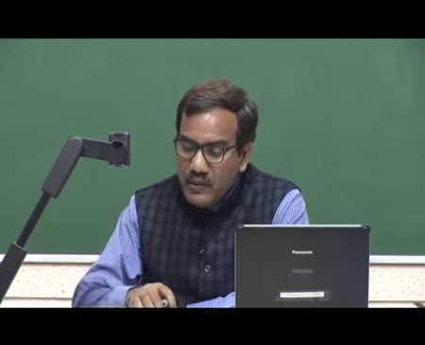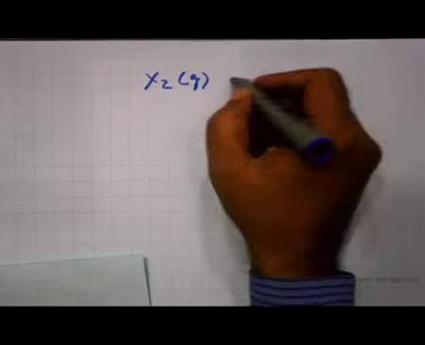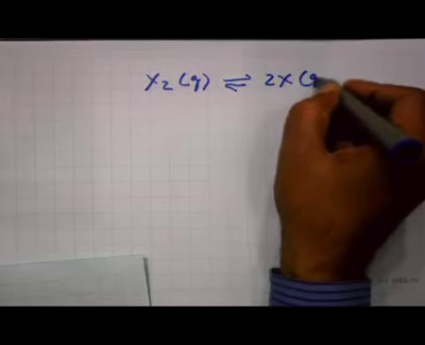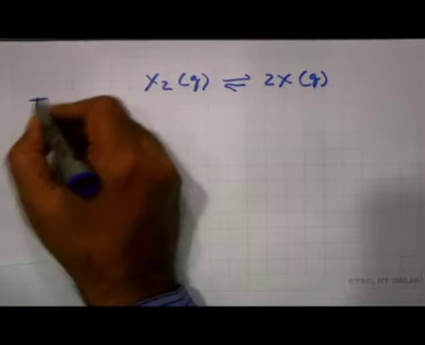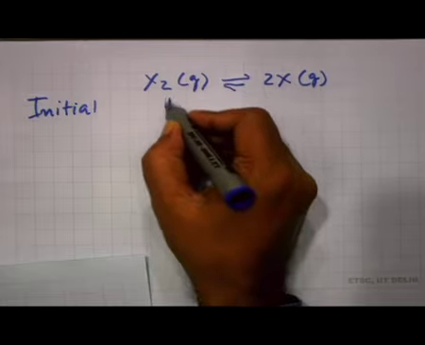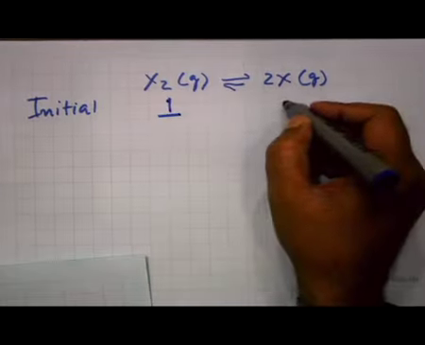So, what is known? Let us see here. So, we have X2 gas, this is the reaction, going to 2X gas. What is known is the initial concentration: we know that this is 1 mole of X2 and no X, means 0.